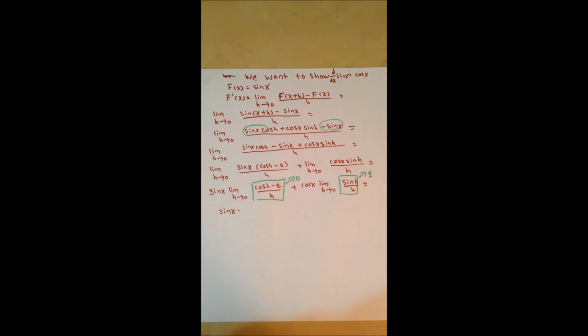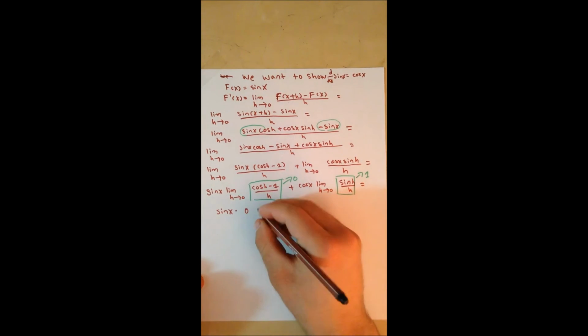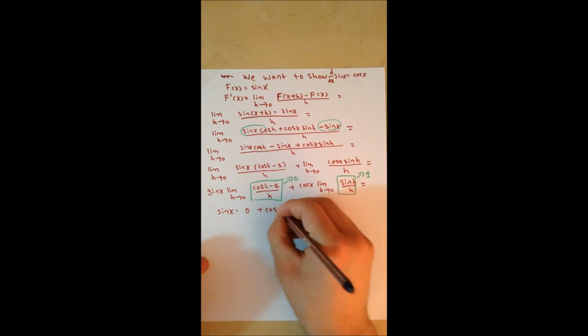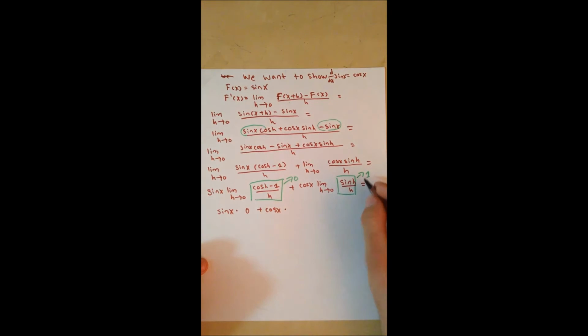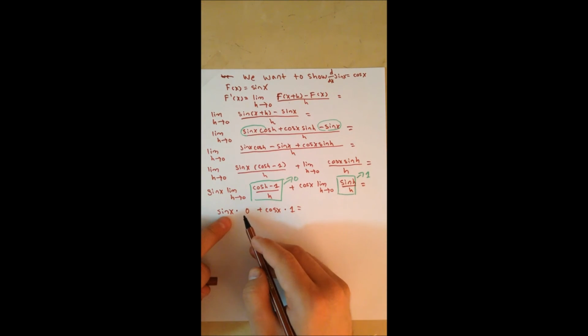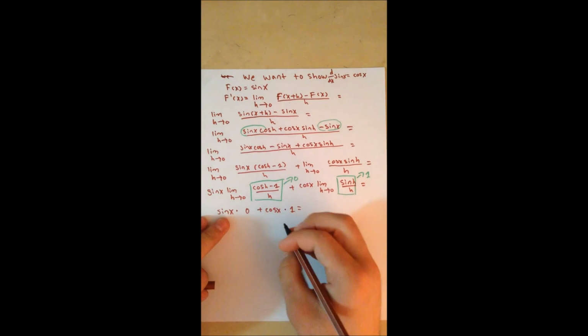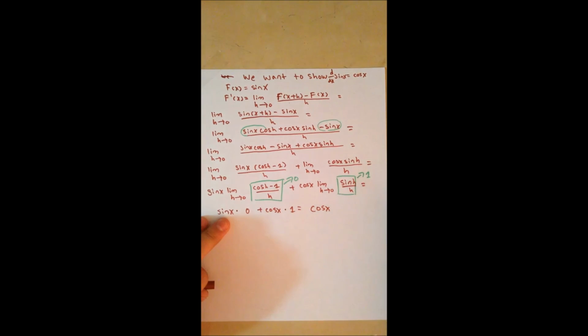So what we can do is substitute this with 0 plus cos x times 1. So we get sine of x times 0 is just 0, plus cos of x times 1, which just leaves us with cos of x.